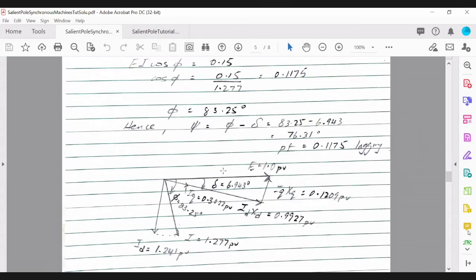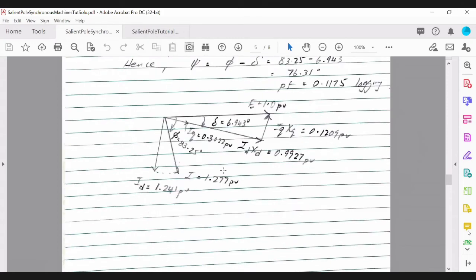So if you look at this phasor diagram, when you drop the excitation current to zero, what's left in the motor is basically the current drawn to supply this rotational loss.